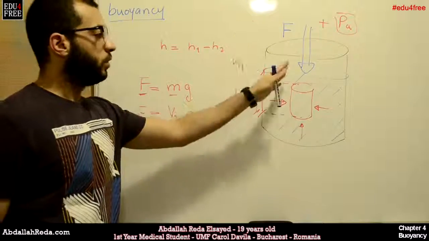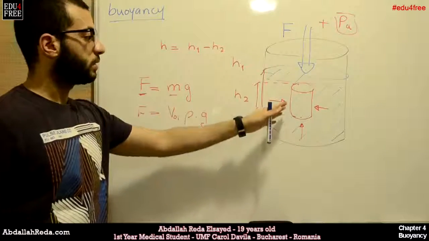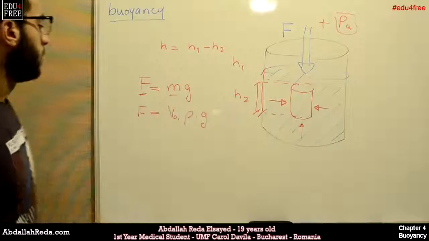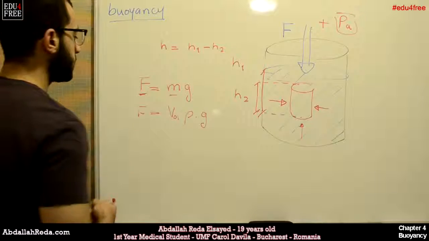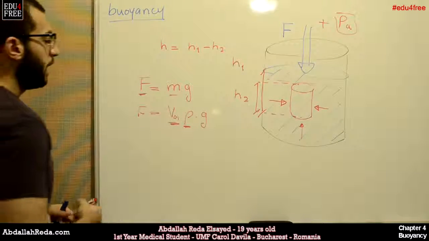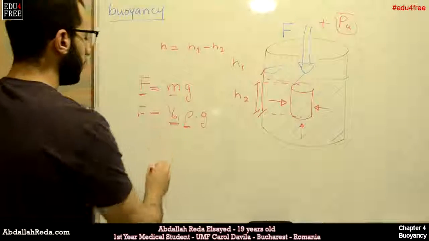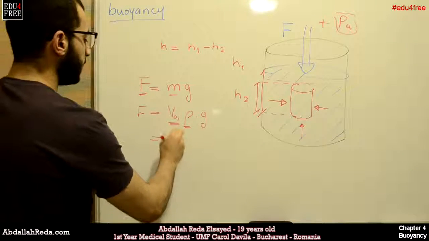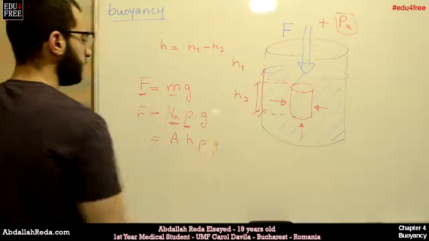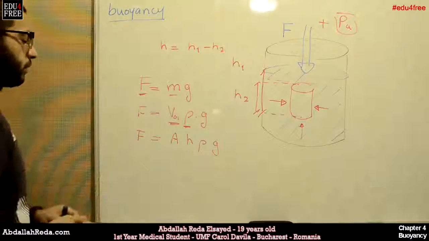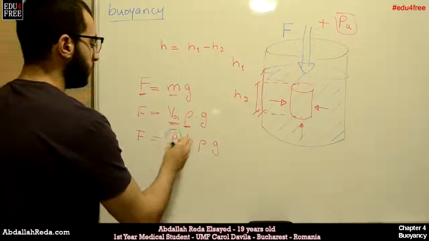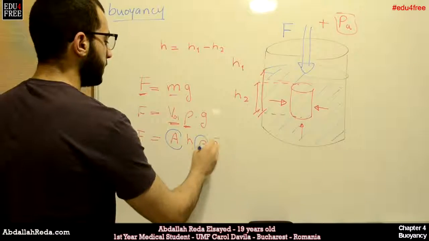And as the two objects are made of the same material, we're dealing with the same liquid here, so the densities will be the same. And also the volume is made of the area multiplied by the height. So this also equals the force. So the constants here are the area, the density, and the gravity.